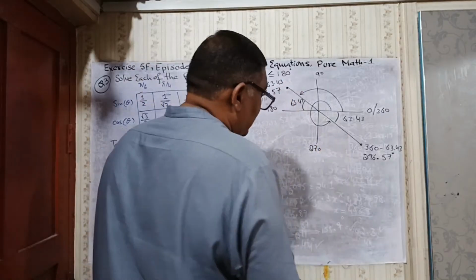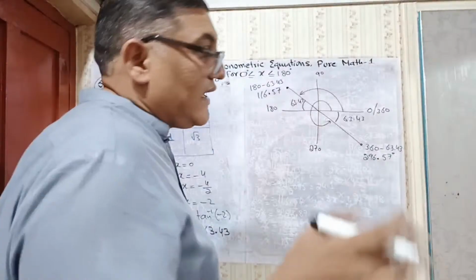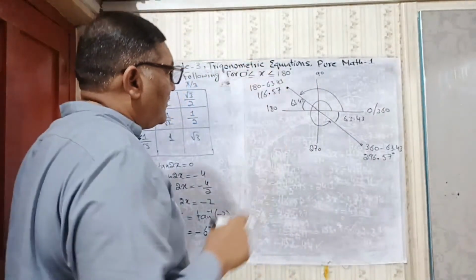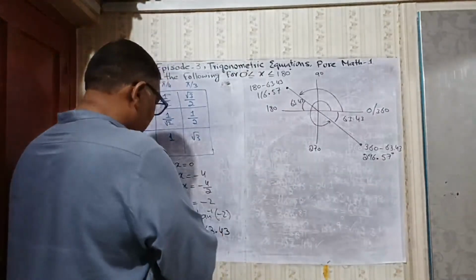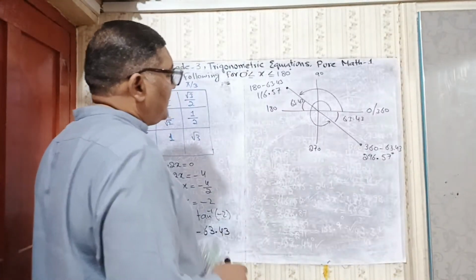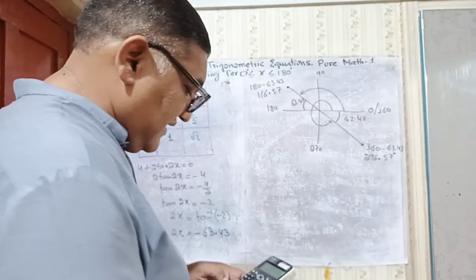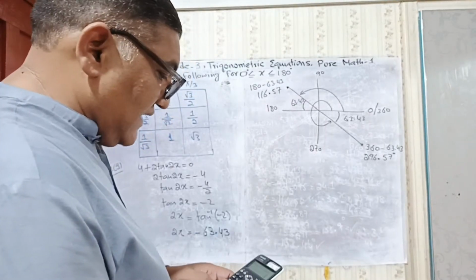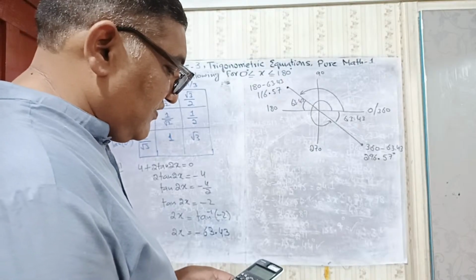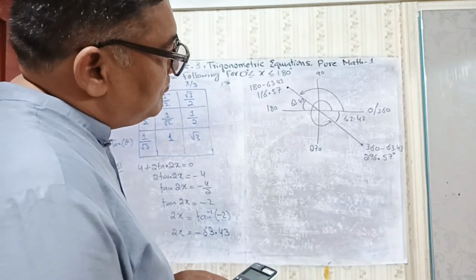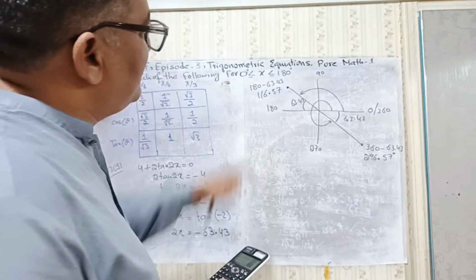I got the angle in the fourth quadrant and the angle in the second quadrant. Because this is 2x, if I add 360 to it, 296.57 plus 360 will be 656.57. When you divide it by 2, it will be out of this range.